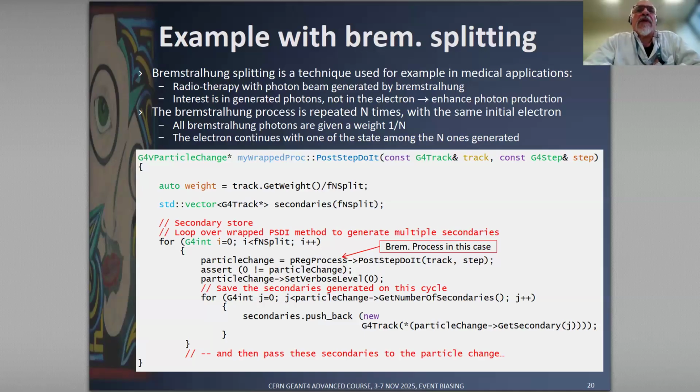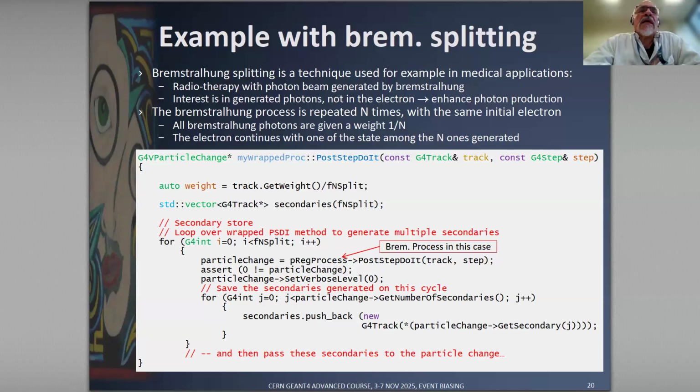So there are a few lines of code here. The important thing is that you have the line for int e equals 0, e smaller than fNSplit. So fNSplit, sorry, is the number by which you will split the incoming particles. So you see that with this particle change, post step do it, you are in fact calling n times the final state generation.